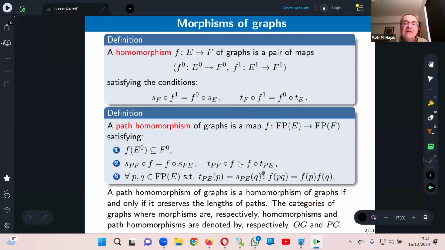So this is kind of like having a functor. All right, so of course, having a homomorphism also gives you a map from the space of paths to the space of finite paths. And the way you distinguish one type of morphism from another is that the usual homomorphisms preserve the length of paths, whereas the path homomorphisms need not preserve the length of paths.